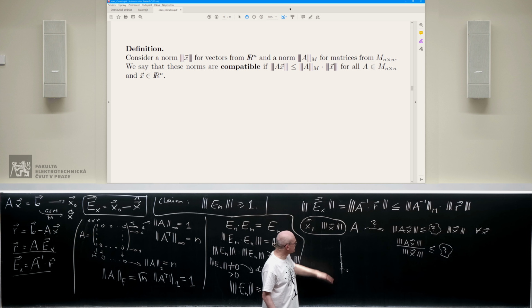Okay, I have a matrix, and I assume that the largest eigenvalue is called lambda. So lambda is the largest eigenvalue, and it has an eigenvector v. What does it mean? Well, it means that Av is lambda v. Now I'm going to apply a vector norm to this. So I get the vector norm of Av is equal to the vector norm of lambda v.